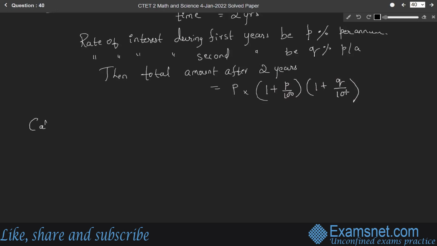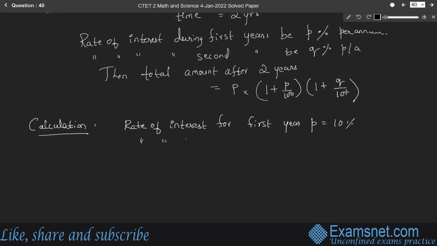So let us calculate the total amount after 2.5 years. So here the rate of interest for the first year, which is small p, is 10%.